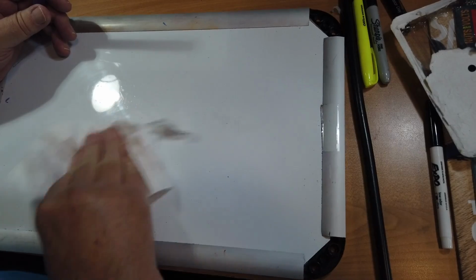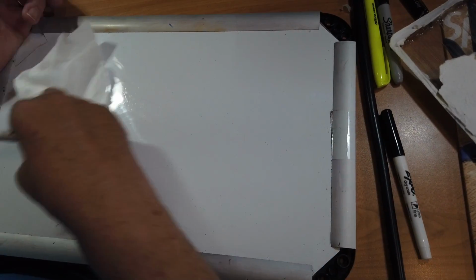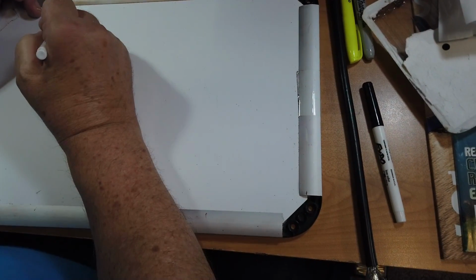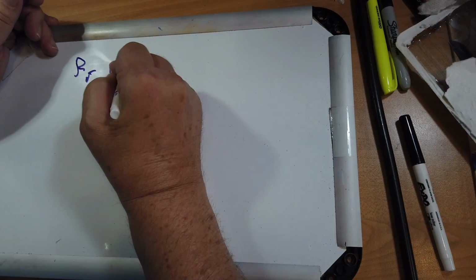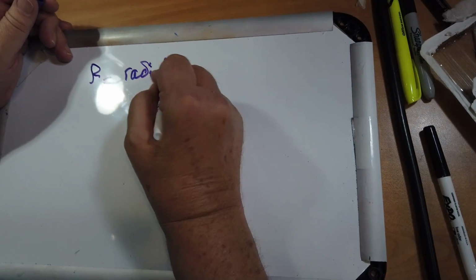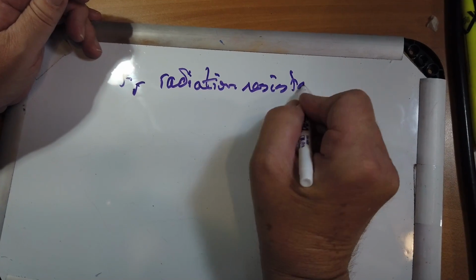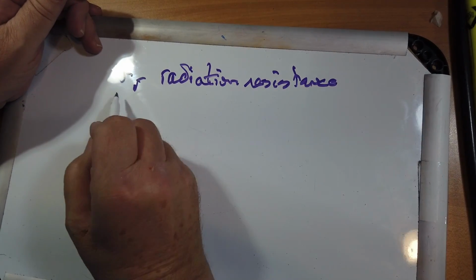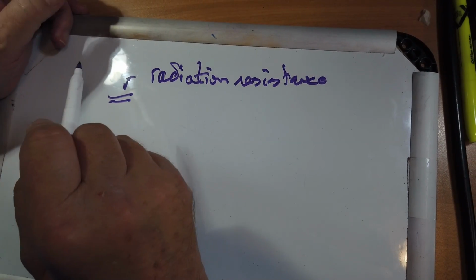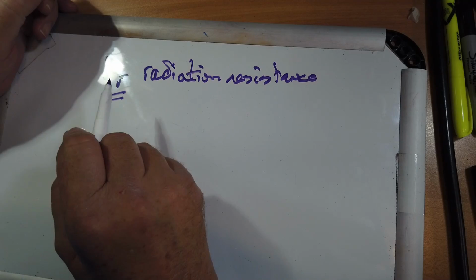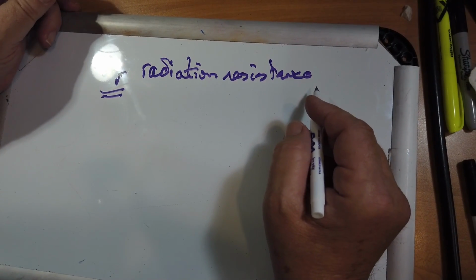Now your question has to do with mag loop. To do that, I want to introduce 2 terms. Radiation resistance, R sub R. This is the equivalent conceptual resistance that actually dissipates the power in the antenna.